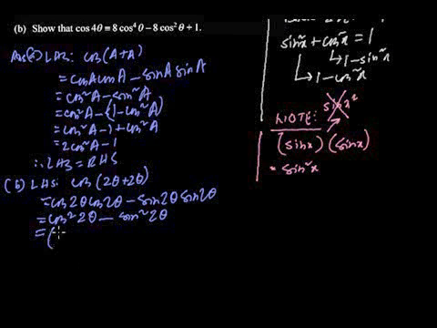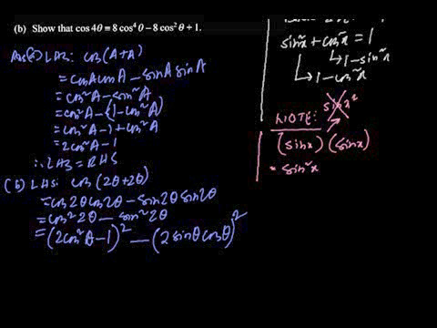Sin 2 theta is 2 sin theta cos theta, and we're going to square it, because sin squared 2 theta is the same as sin 2 theta whole squared. Sin squared x is the same as sin x whole squared.